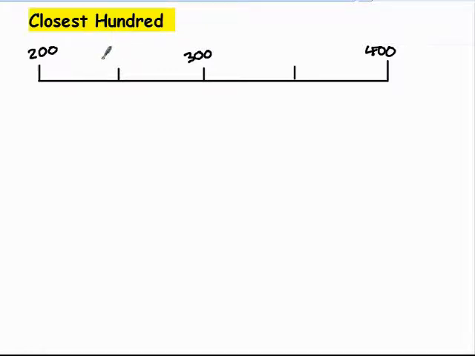So that means that our lower bound this time would be 250. Our upper bound would be halfway between 300 and the next 100 along, which would give us an upper bound of 350.